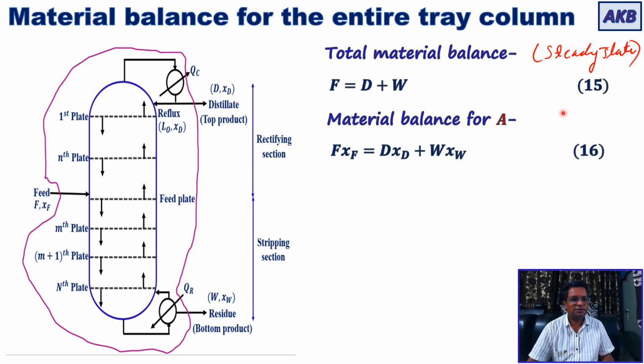Again, you just remember, we have understood material balance under steady state conditions. Now we know what is internal reflux ratio, what is external reflux ratio, what is the operating line for the rectifying section, and the operating line for the stripping section.